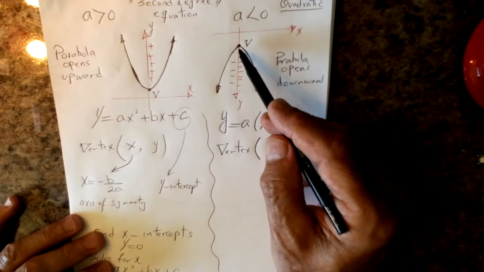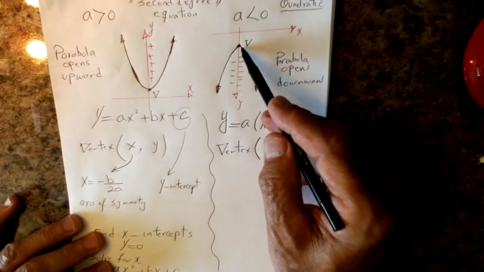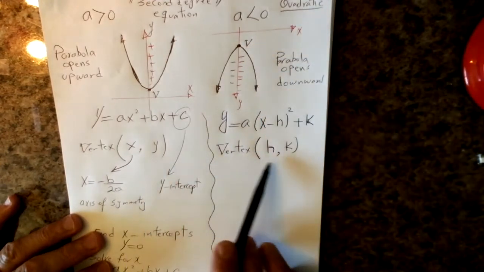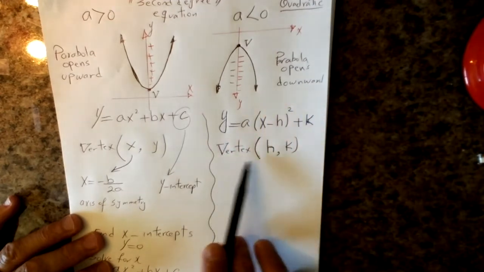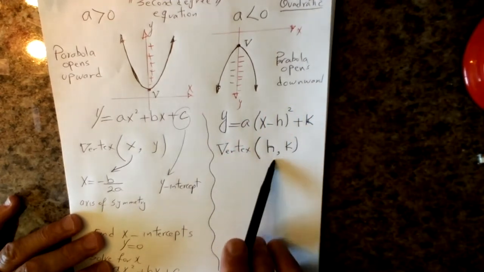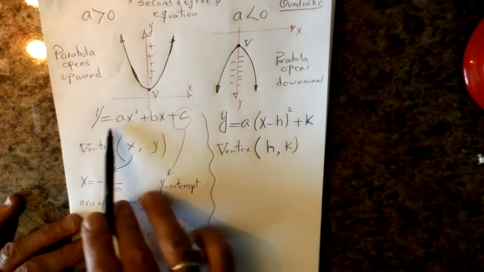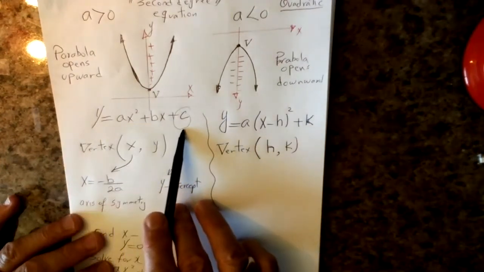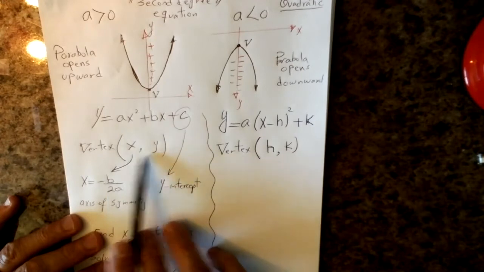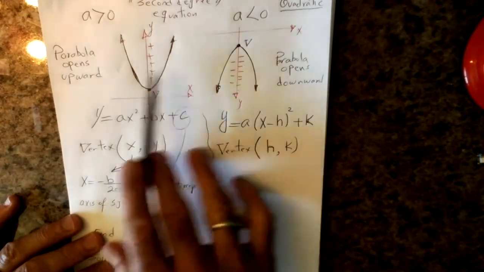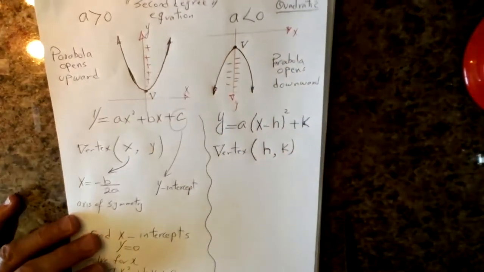This point has coordinates, an x and a y. If you see the equation in this form, then h and k is your vertex. If the equation is given in this format, then the vertex is found from this. As I said, when we go through the examples, you will understand how we apply the formula.